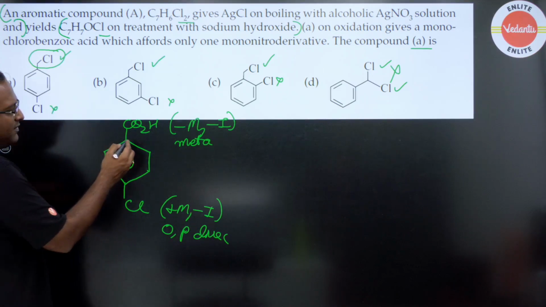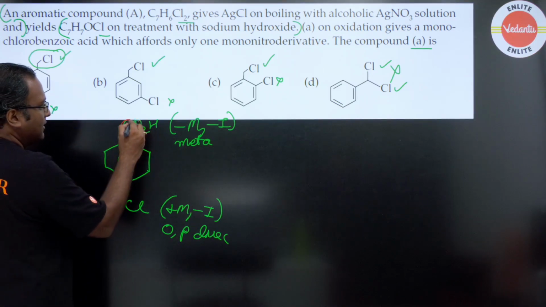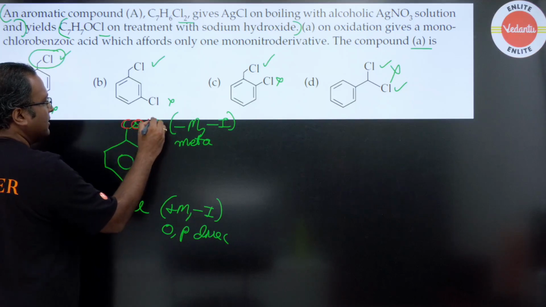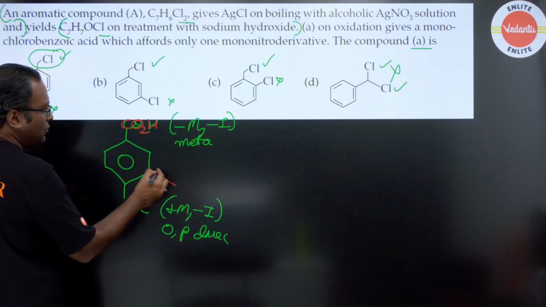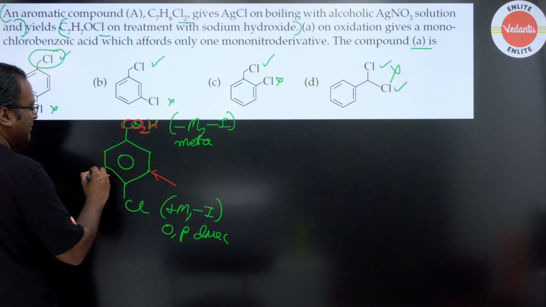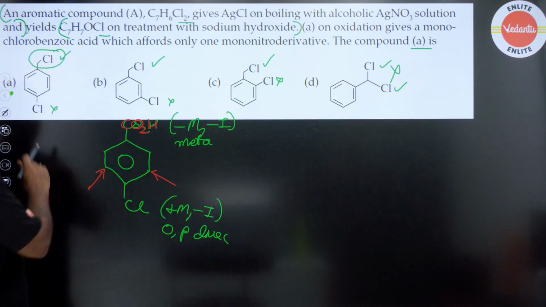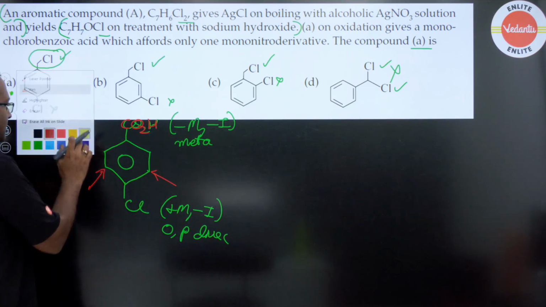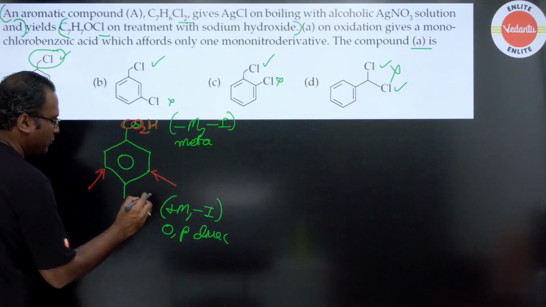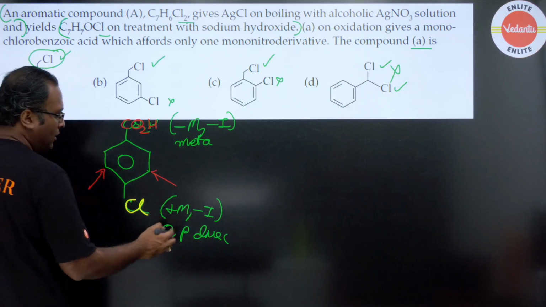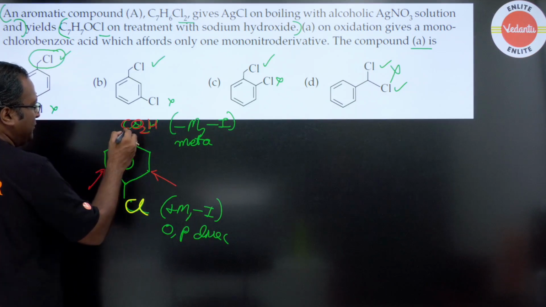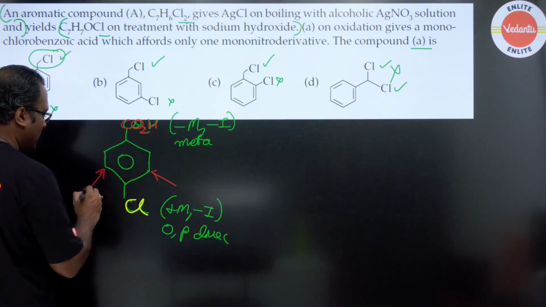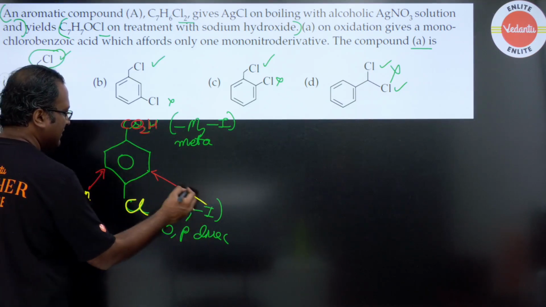So if we talk about CO2H, let me change the color. If we talk about CO2H, which is a meta director, CO2H would want the incoming nitro group to come to its meta position. If we talk about the Cl group, Cl is ortho-para directing, and the para position is blocked, so Cl also wants it to come at the same position.